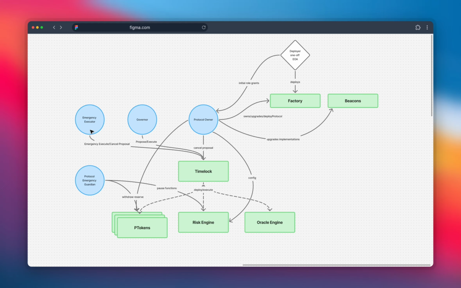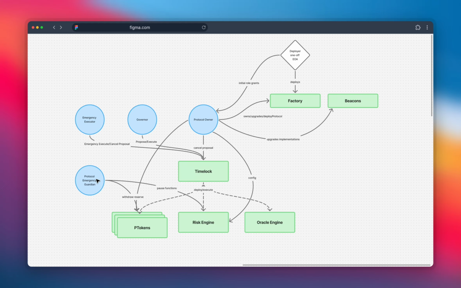The emergency executor has the same access as the governor, but it can execute without any delays through the specific functions with the prefix emergency execute. There is also a protocol owner, which can upgrade beacons, set reserve share splits, assign roles, and so on. Plus, we have the emergency guardian, which is outside of time lock. This role can pause protocol actions without any delays.